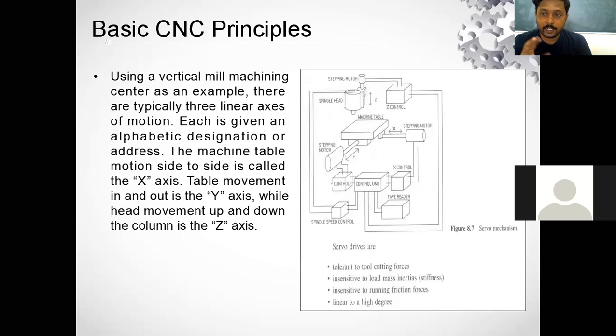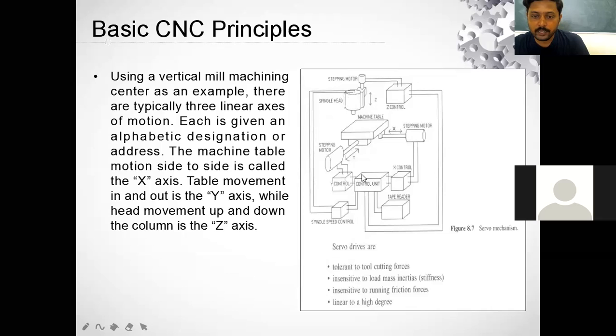So that was a traditional milling machine. Now these three movements can be controlled by a servo mechanism as shown in this diagram. If you go through this diagram, you will get to know. There is a spindle head on which we are mounting the tool. There is a machine table, and the machine table is connected with stepping motor X control.